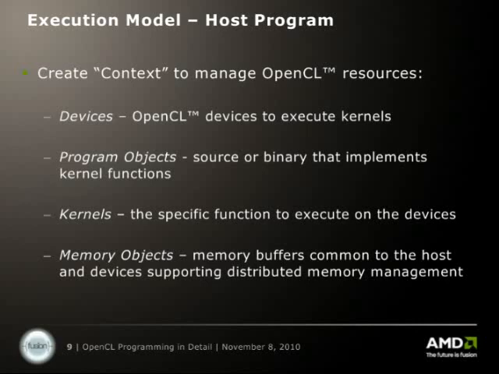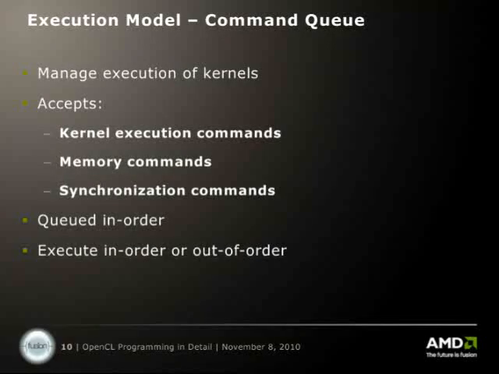Those are managed within the context, and there are also memory objects to support the management of memory across the various devices. This is done with memory buffers that are common to both the host and the devices, which allows a sharing of memory across the distributed memory that's available in the system. On the host side, there's also the command queue, which is also part of the context.